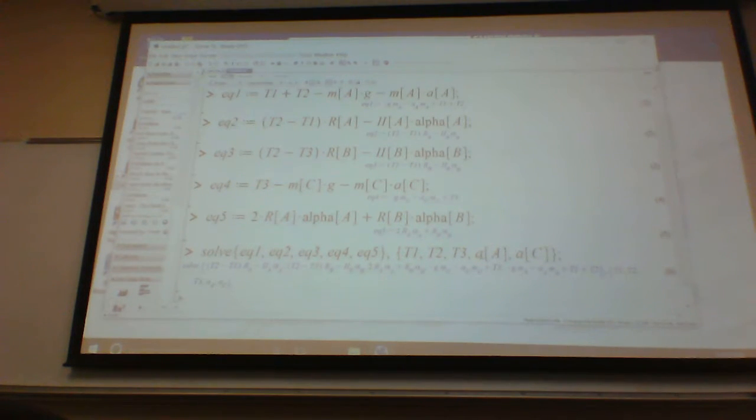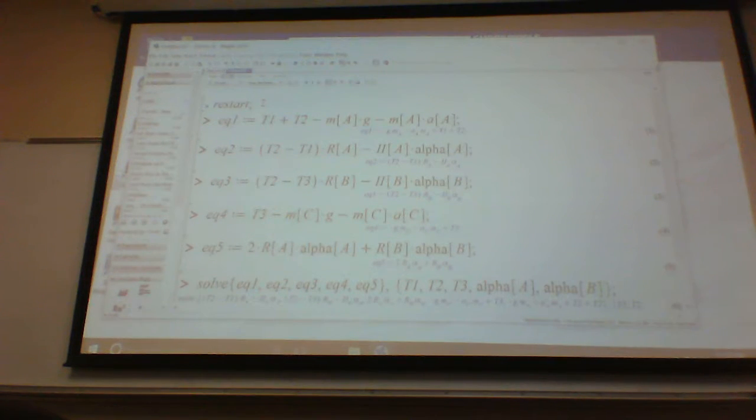Alright, I changed this one for alpha, but should not change anything. Okay, I don't know what's happening here.